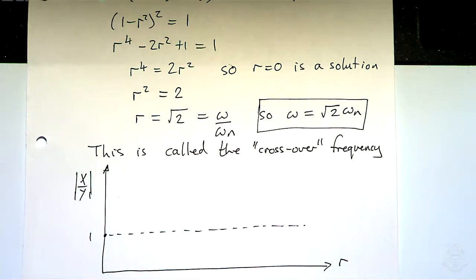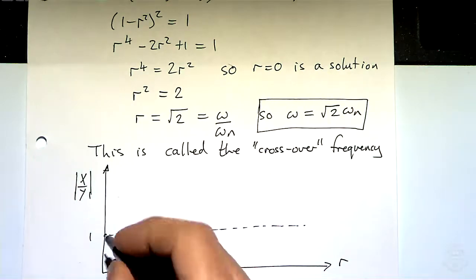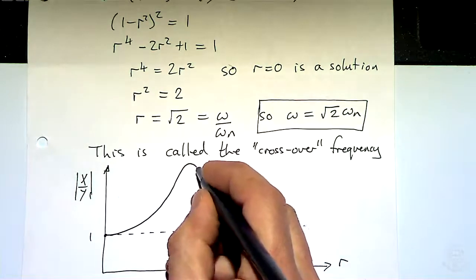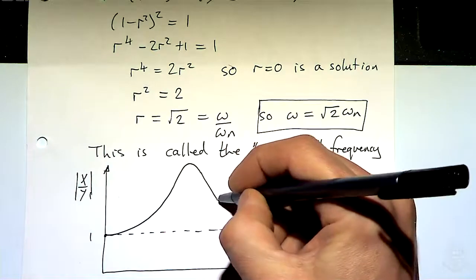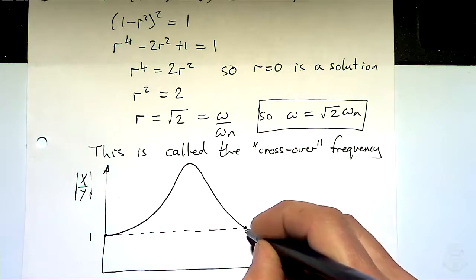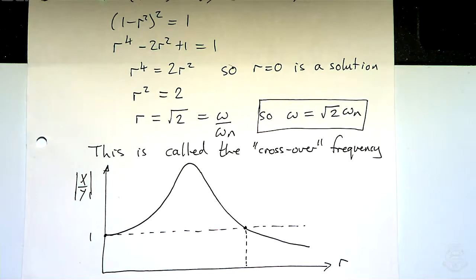So what you find happens with transmissibility is that you go from 1 up to a resonance, and then you go back down again, and then at this point here you cross over. So this is the crossover frequency where omega is equal to square root of 2 omega n.